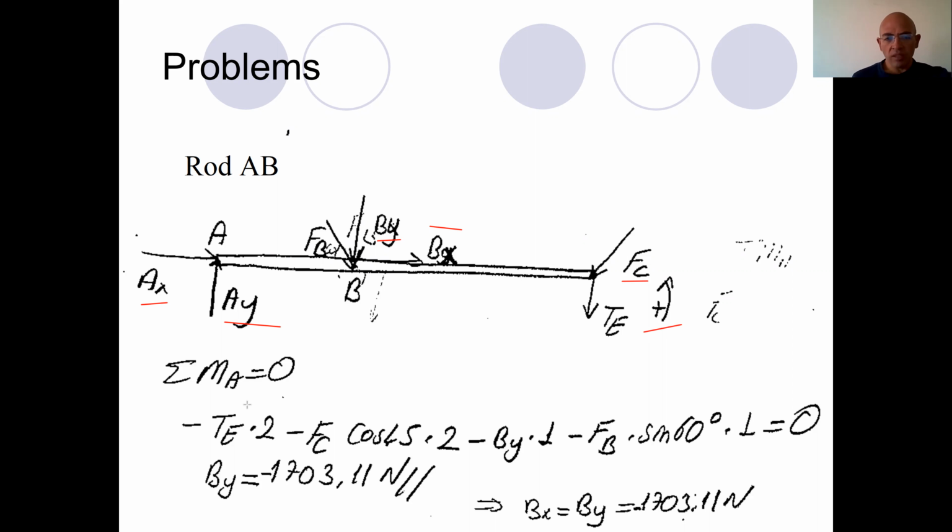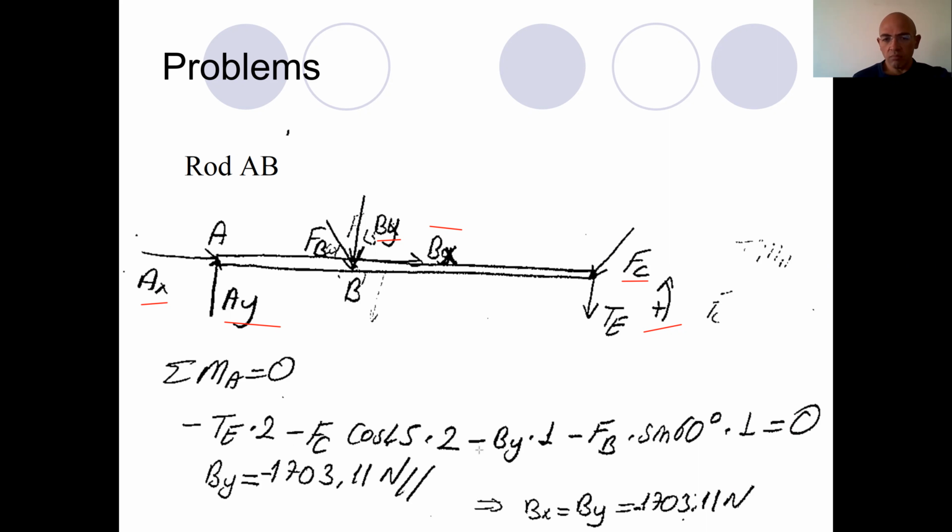Now let me write the moment equilibrium. So I choose the point A for the moment. So sum of the moment with respect to point A has to be equal to 0. So first I have TE, so minus TE multiplied by 2. Remember that FC makes an angle of 45 degrees. So minus FC multiplied by cosine 45 multiplied by 2.